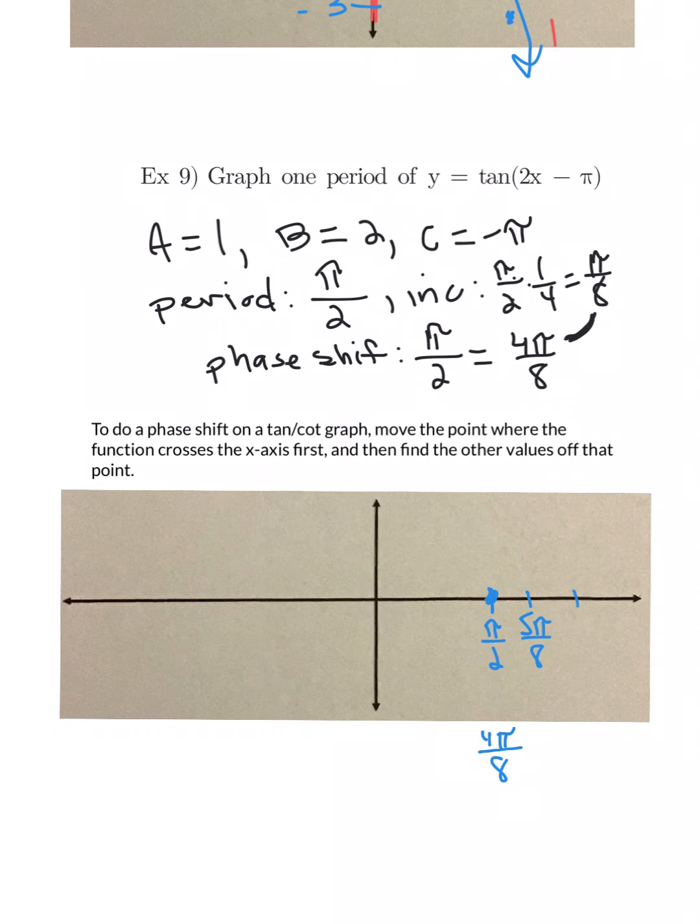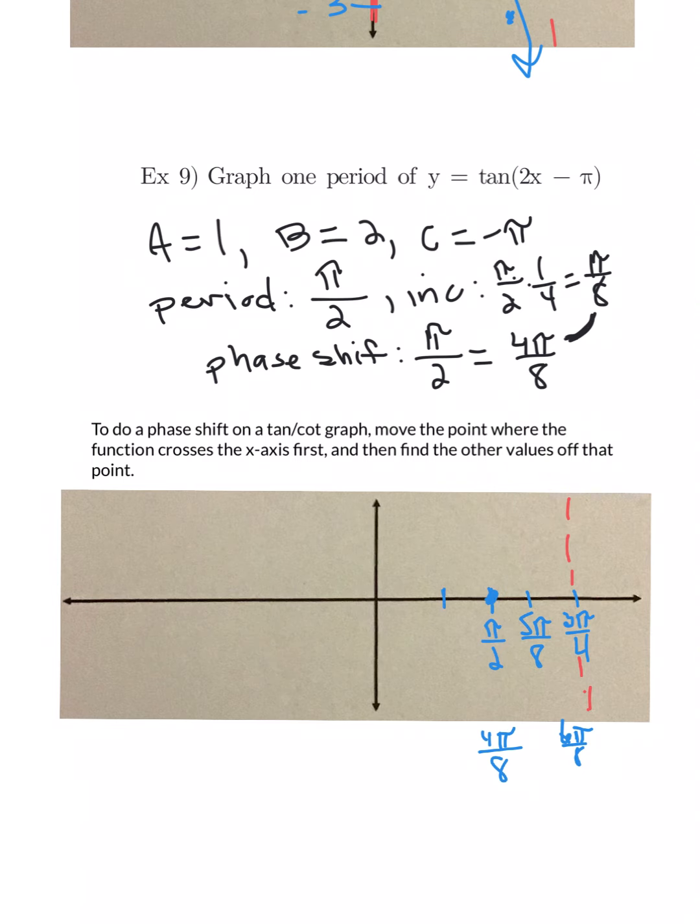The second mark will be 6 pi over 8, which is 3 pi over 4. And the second mark over is our asymptote. Do the same on the left.